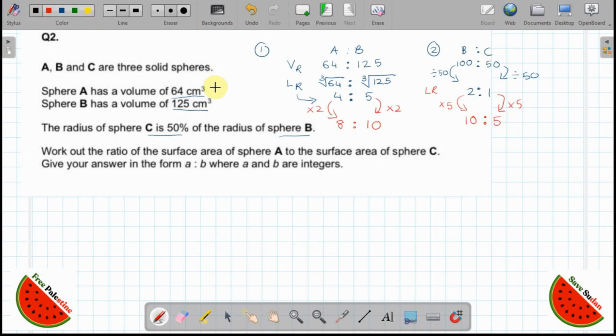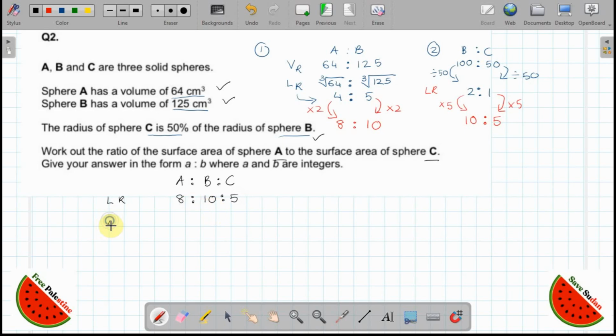So I've processed this, I've processed this, I've processed this. Work out the ratio of the surface area of A to the surface area of C. Okay, so what I'm going to do now is write down A to B to C all together. I'm going to write down the length ratios. So A was 8 parts, B was 10 parts, and C was 5 parts.